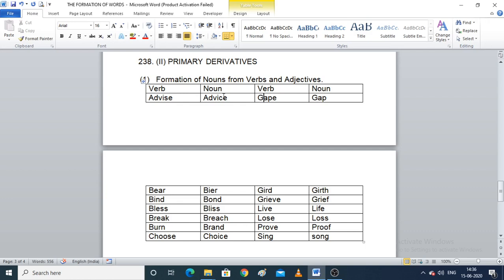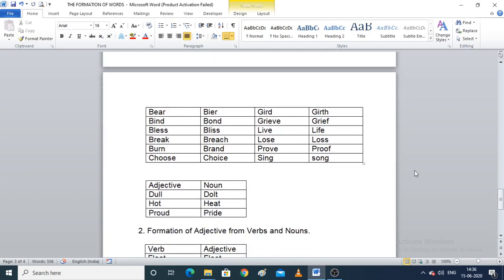For example, the word advice is formed from the verb advise. The word gap is formed from the verb gape. Similarly, the word bond is formed from the word bind. The word bliss is formed from the word bless.